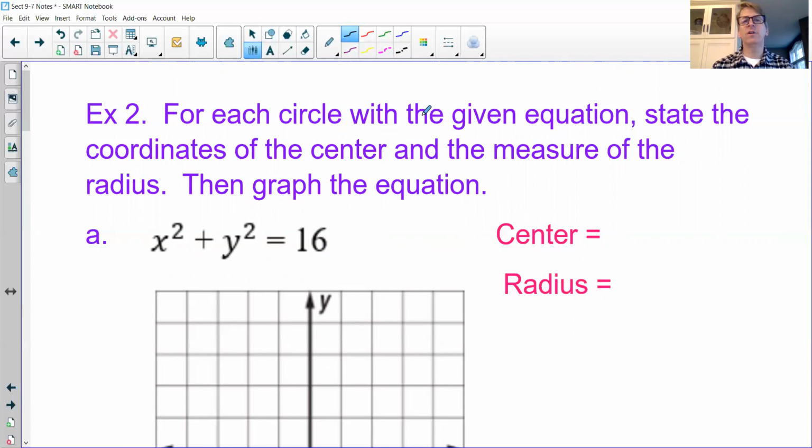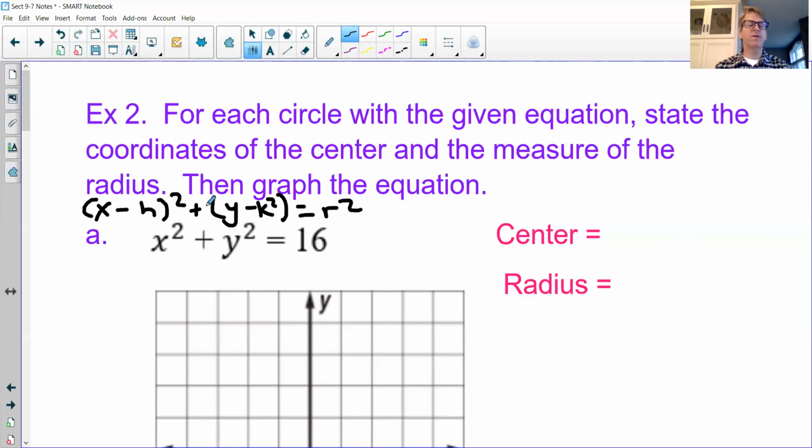So for each circle with the given equation, state the coordinates of the center and the measure of the radius, then graph the equation. Okay, so you're given this equation here, and you want to think to yourself, my standard form is x minus h squared plus y minus k squared is equal to r squared, okay?